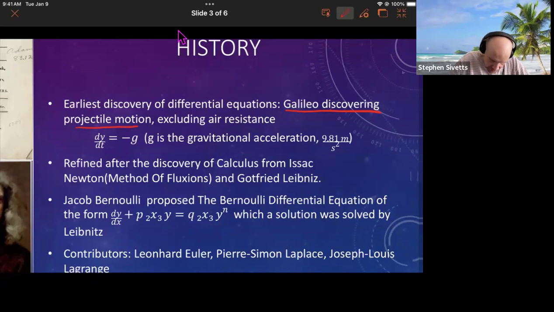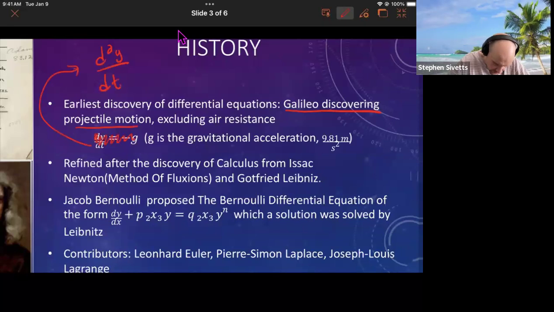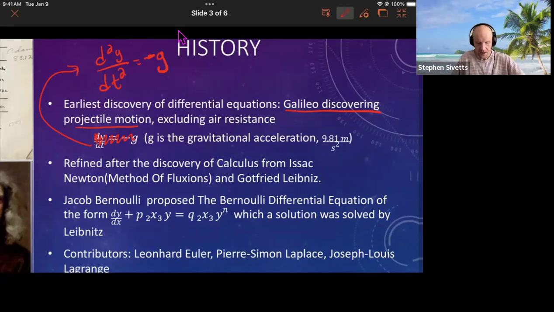And there's a typo here, but this should be d squared y over dt squared equals minus g. That's what I meant.